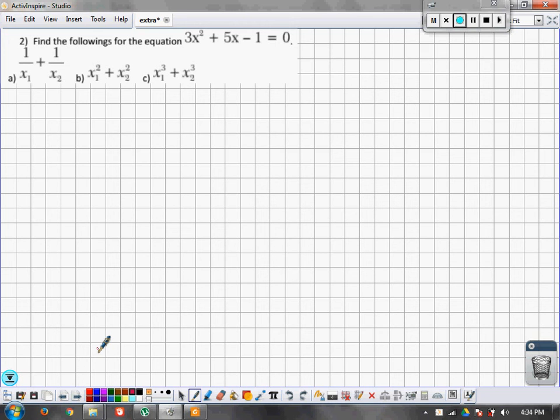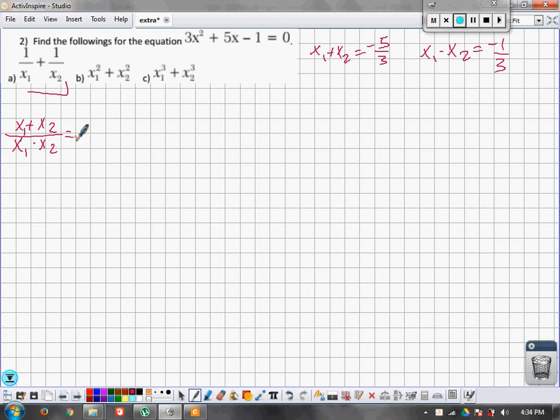So the first is the very important thing. x1 plus x2 equals minus b over a, which is minus 5 over 3. x1 times x2 equals c over a, which is minus 1 over 3. So for the first case, remember that it's equal to x1 plus x2 over x1 times x2.